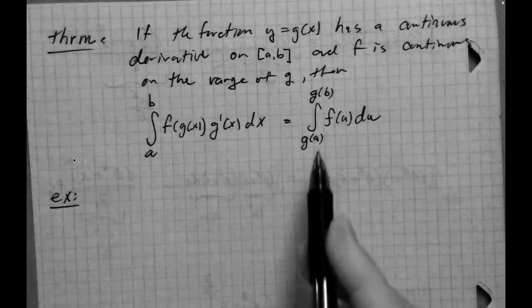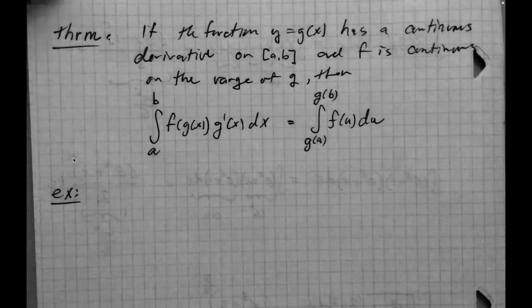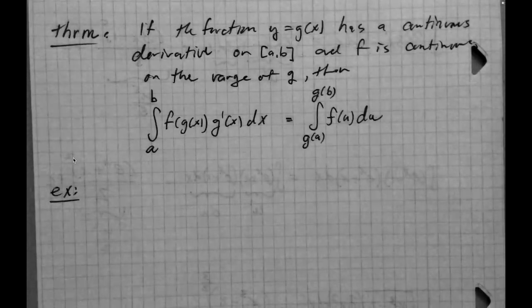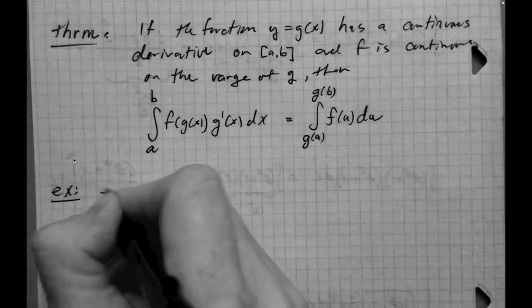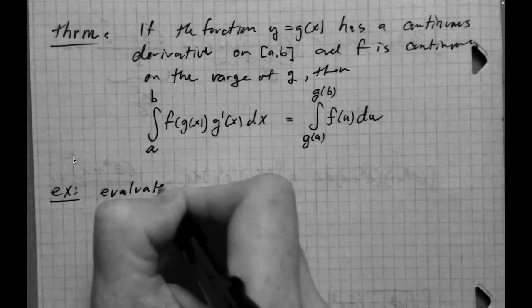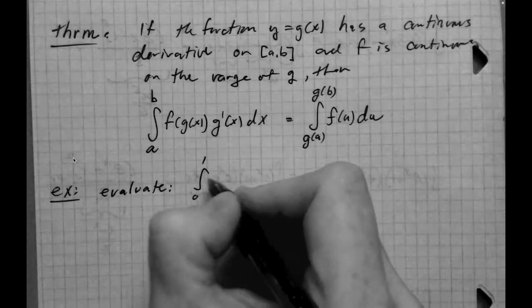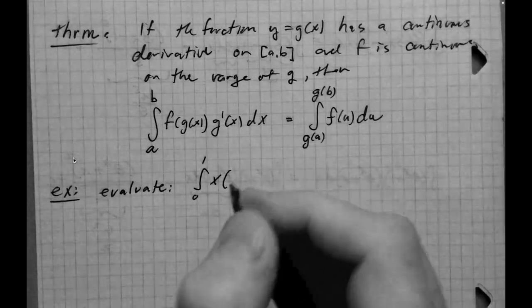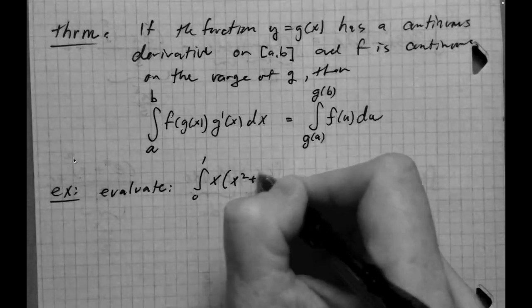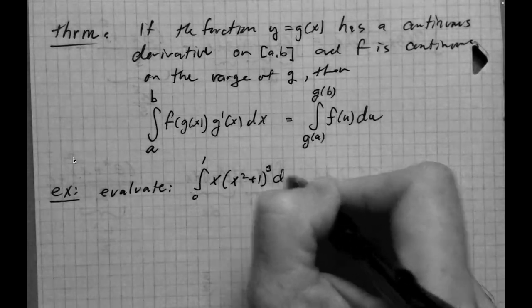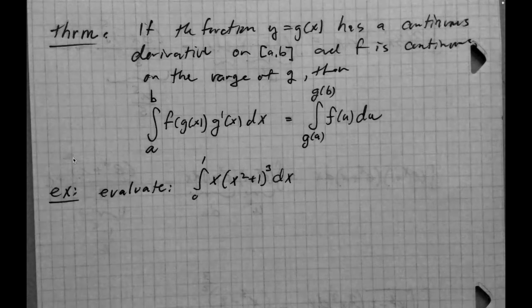Okay, so let's do an example here. This is a little cumbersome at first, but I think once you see it, it's very obvious why this would be the case. So let's evaluate the integral from 0 to 1 of x times (x squared plus 1) to the third power dx, right?